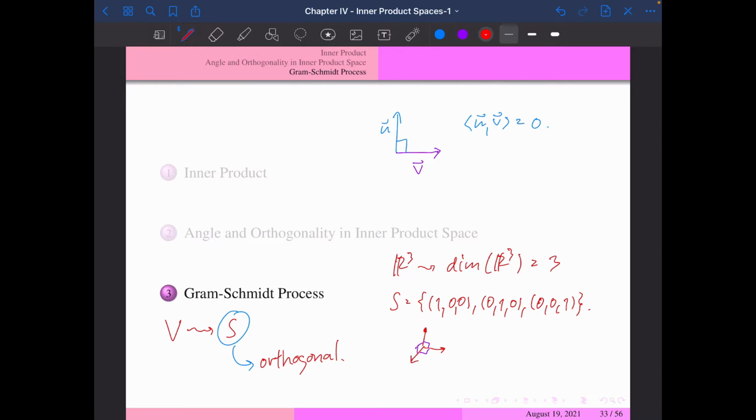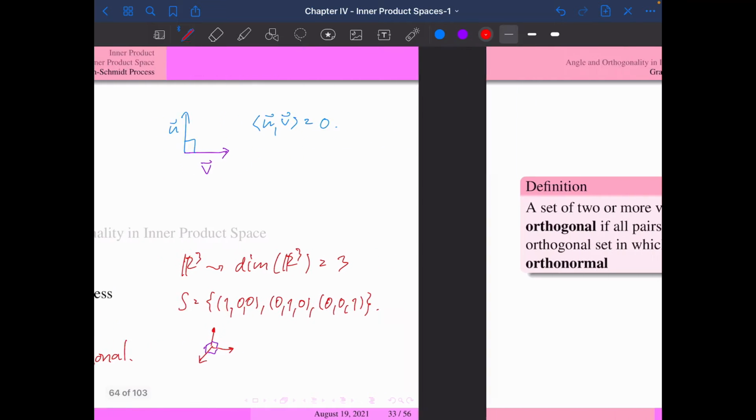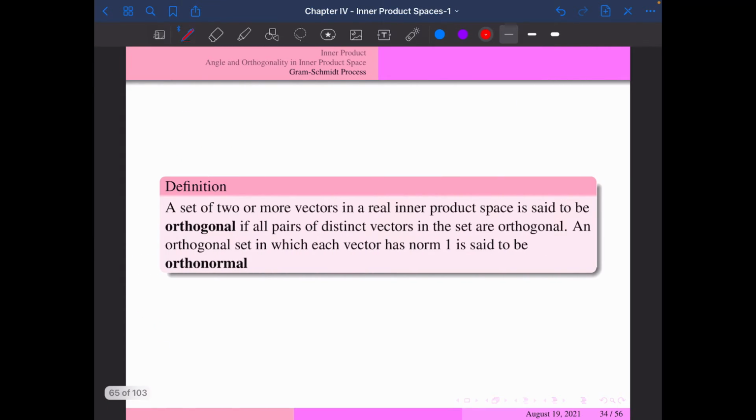So we will define what an orthogonal set is.